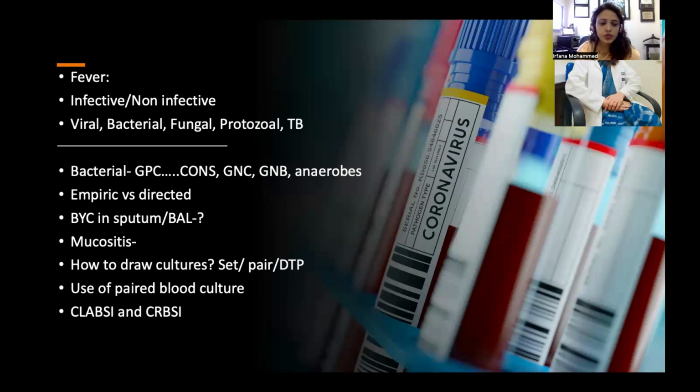CLABSI is central line associated bloodstream infection, and CRBSI is catheter related bloodstream infection. CLABSI is a surveillance definition, and for CLABSI we just need blood culture positivity from the central line. That's it. We don't see any clinical criteria. We don't see what the peripheral blood culture is growing. It just means that the central line is growing some bacteria, so this is just for surveillance purposes.